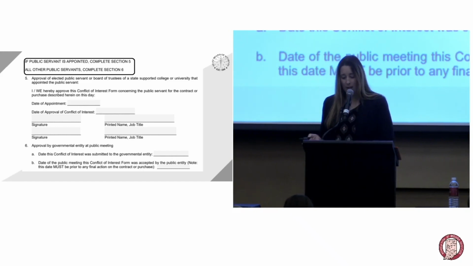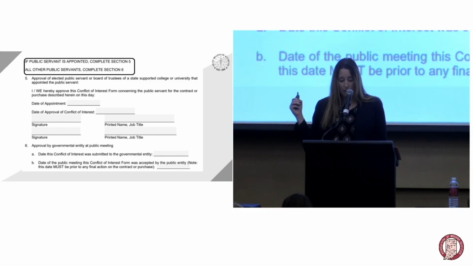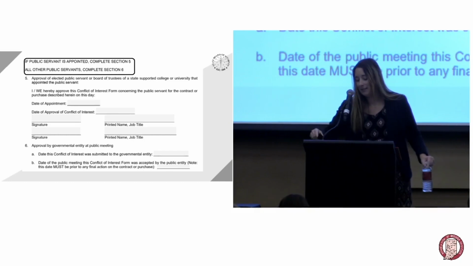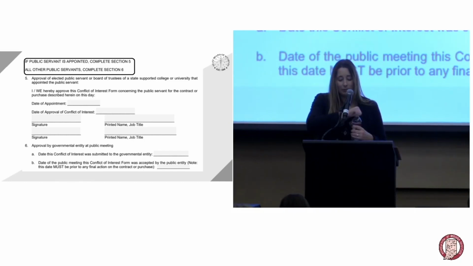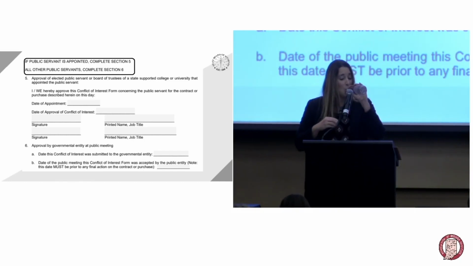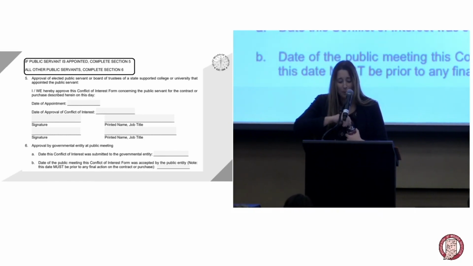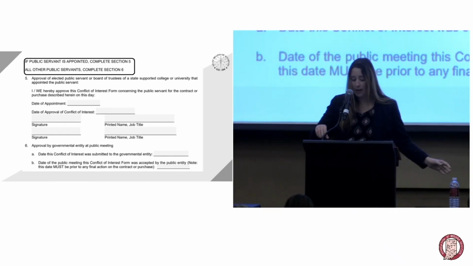All right. So again, as we move down from that, we're talking about section 5 and section 6. So section 5 is if you are a public servant that is appointed, which would not be you. And all other public servants would do section 6.